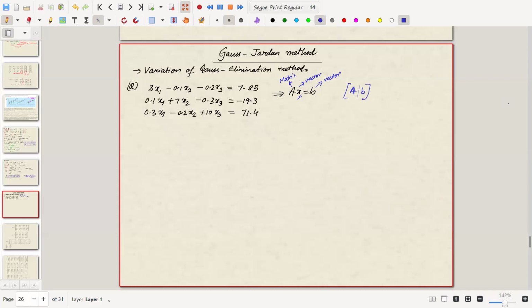You are adding one column. So I am just padding matrix A with the column vector B. That's how I am creating this new matrix. If you are padding the right-hand side vector to the matrix A, you are creating something known as an augmented matrix.